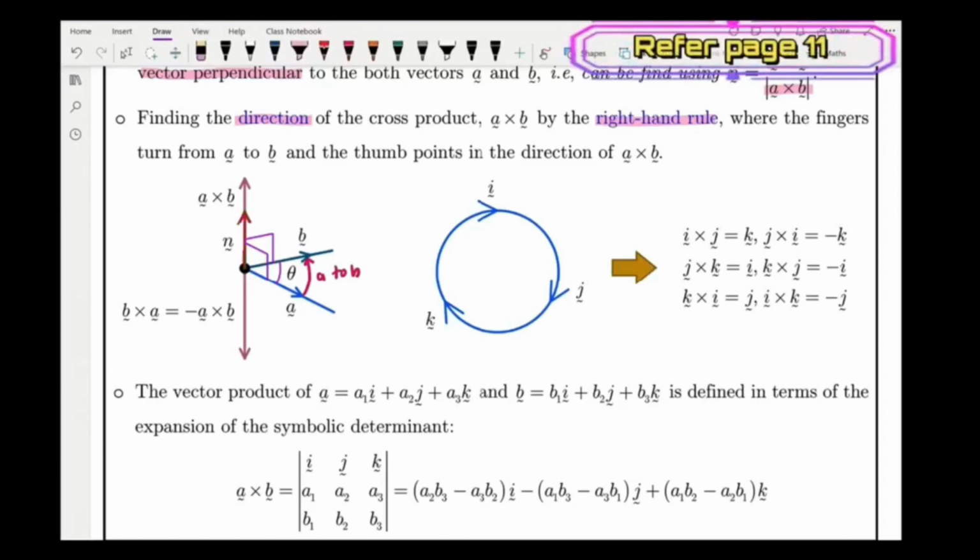Kadang-kadang soalan kita tu dia boleh dapat negatif kepada normal vector yang pertama. So sama je, dua-dua jawapan tu boleh diterima. Alright, cuma beza dia ada negatif.